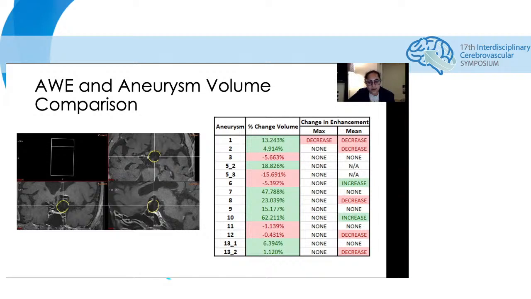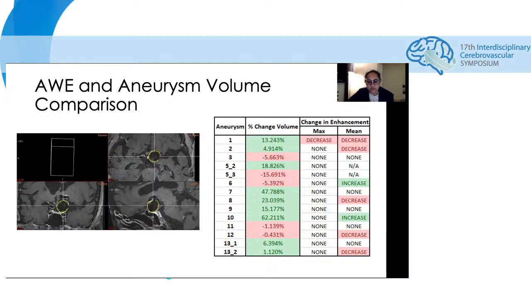We looked at a binary measure for enhancement. If it went from enhancing at baseline to non-enhancing at follow-up, it decreased in enhancement. Or if it went from non-enhancing at baseline to enhancing at follow-up, it increased in enhancement. And you can see how that correlates to the change in volume in that table on the left.